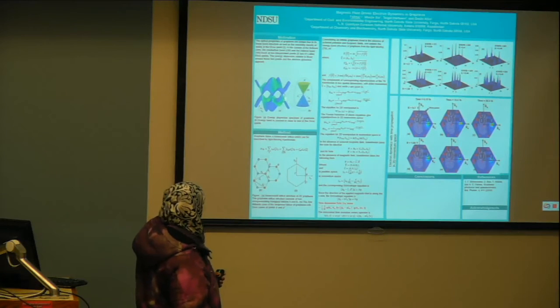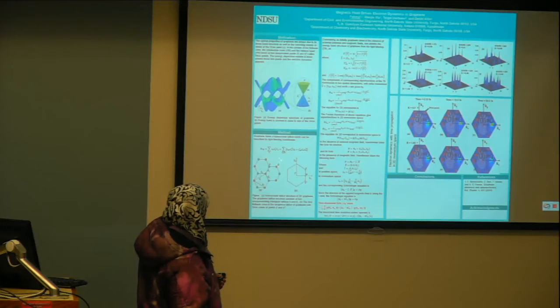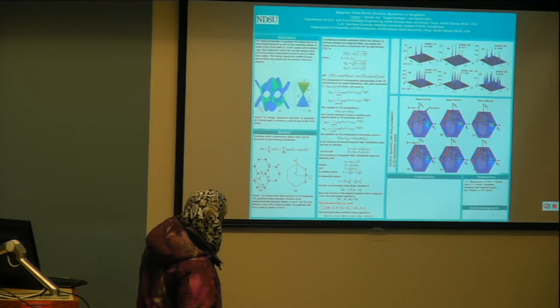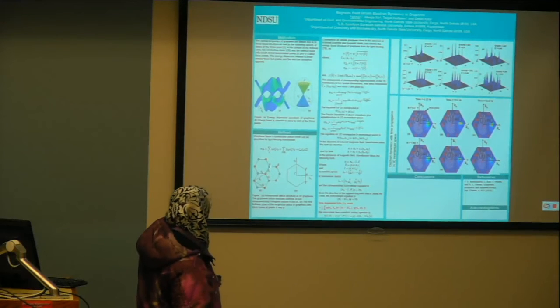Graphene is a semimetal, and the energy band structure is linear at these corners, which are called Dirac points. Since the energy dispersion is linear here, the dynamics is special.